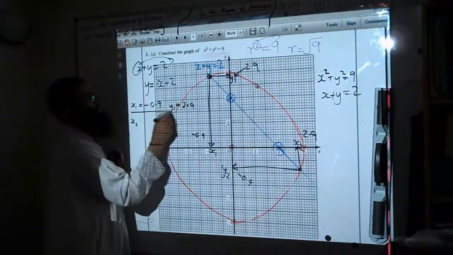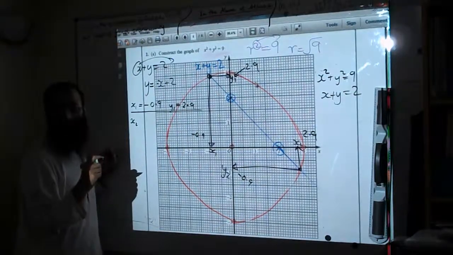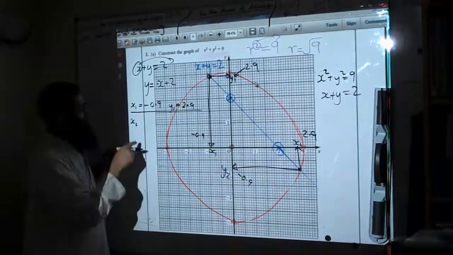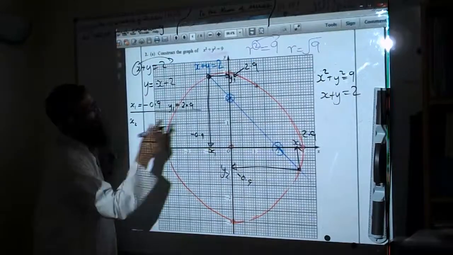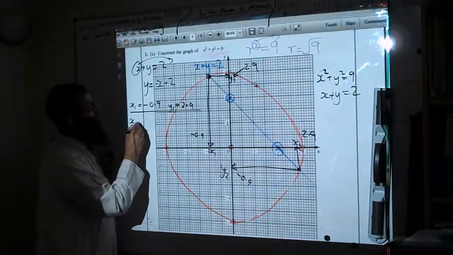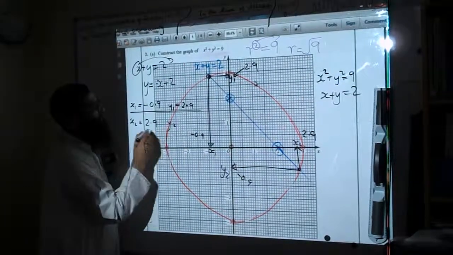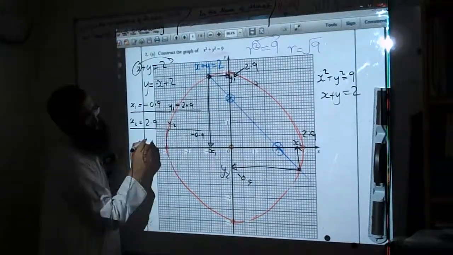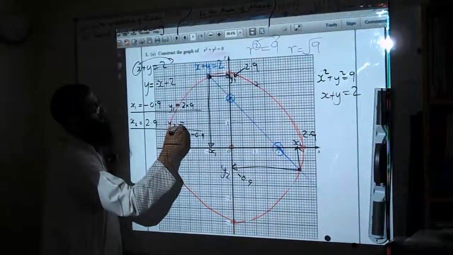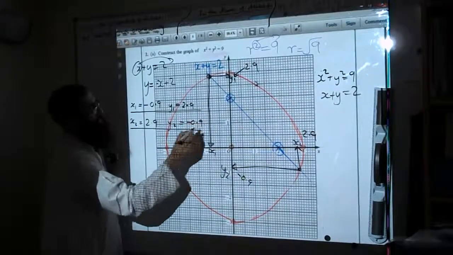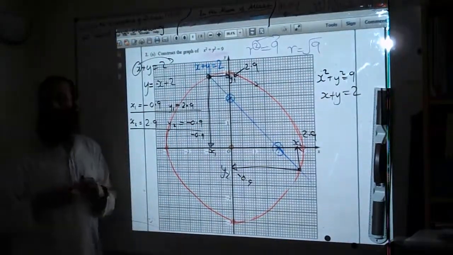There you go. That's one solution set. Are you happy with that? The second solution set: we said the x2 value was 2.9, and its corresponding y value was minus 0.9. Okay. Are we happy with those values, folks?